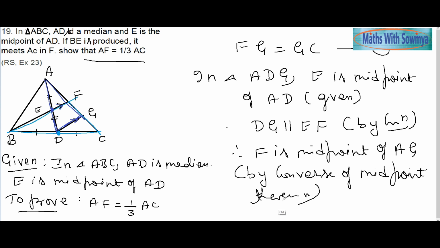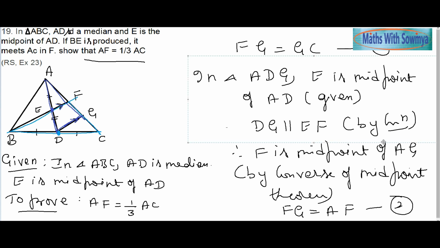So what are we going to get? This is the converse. So I can say here once again, FG is equal to AF. This is my equation 2.